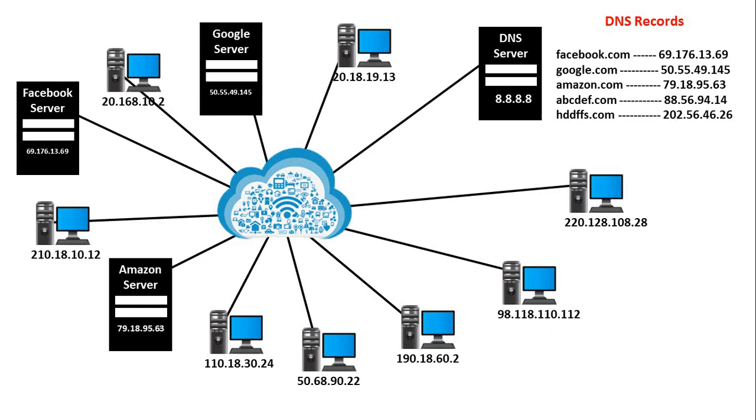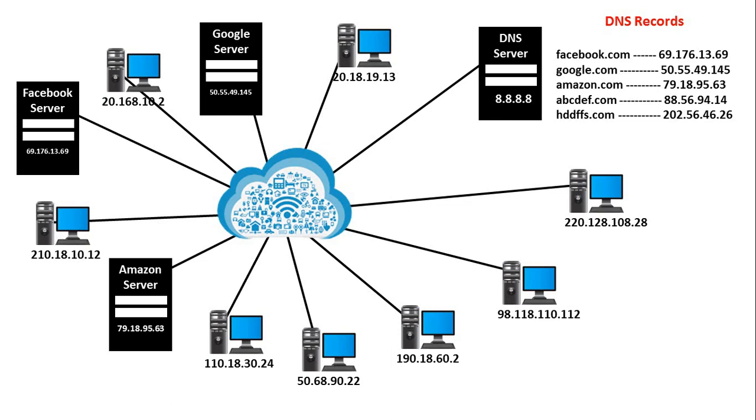You can see Facebook server, Google server, DNS server, Amazon server, and also many other client computers. The client computers are normal users using their desktop or laptop who are going to access the Facebook server, Amazon server, or the Google server over the internet.